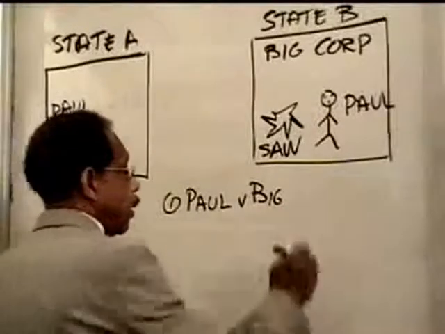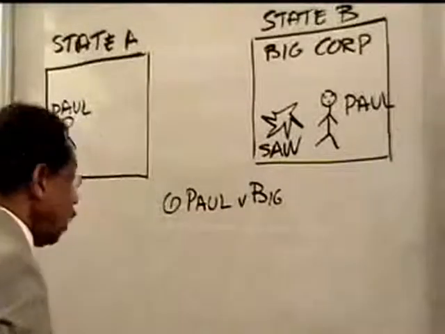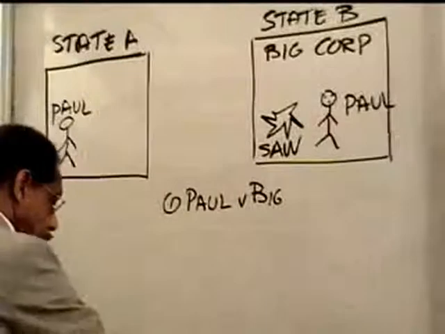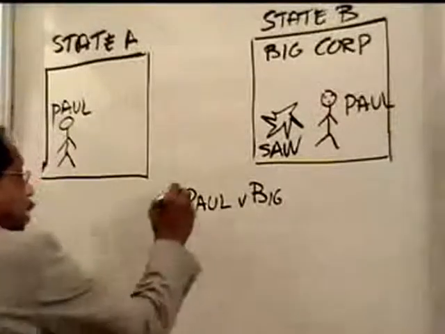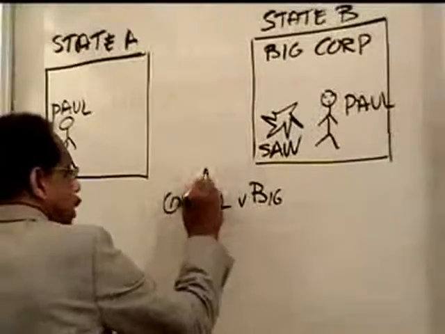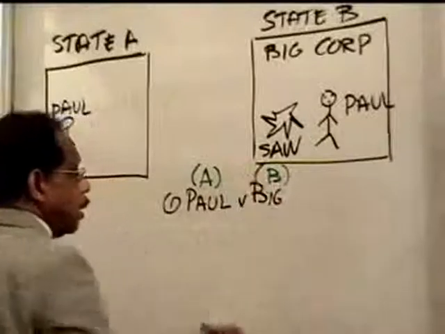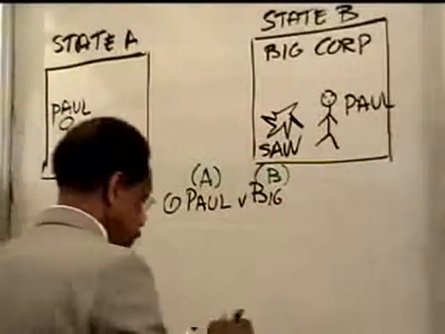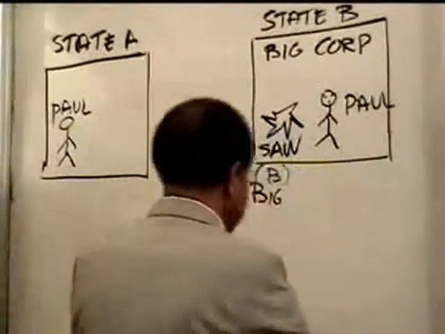And this looks okay because Paul is a citizen of State A and Big Corp is a citizen of State B. Let's put this in here so you can see that for diversity purposes this looks okay. And the amount they're suing for is $100,000, which is more than the $75,000.